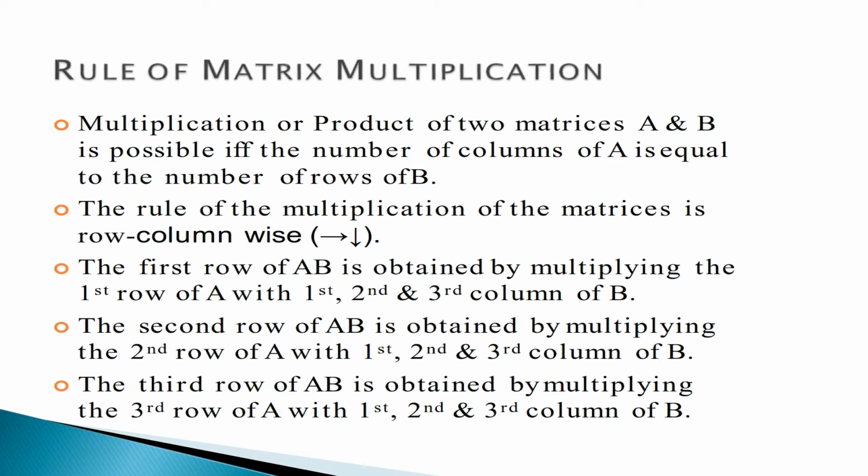The first row of the product matrix AB is obtained by multiplying the first row of A with the first, second and third column of B. Similarly, the second row of AB is obtained by multiplying the second row with the first, second, third column of B. Similarly, the third row of the product matrix AB is obtained by multiplying the third row with the first, second, third column of B.